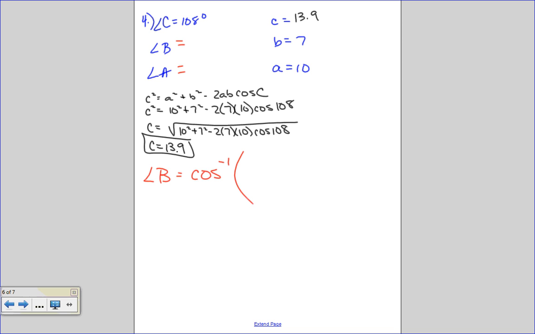If I have the cosine of B, how do I get rid of the cosine? Take the cosine inverse, right? So the cosine inverse is going to be equal to A squared, so that's 10 squared, plus C squared, which is 13.9 squared. Notice how I put that in parentheses? Minus B squared, which is 7 squared, all over 2 times 7 times 10. 7 is A, 10 is C. AC.